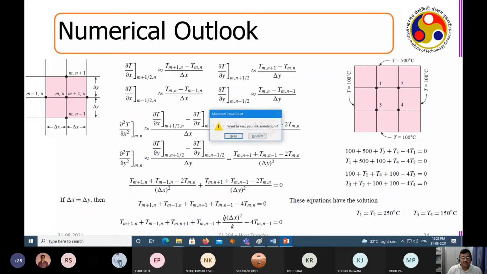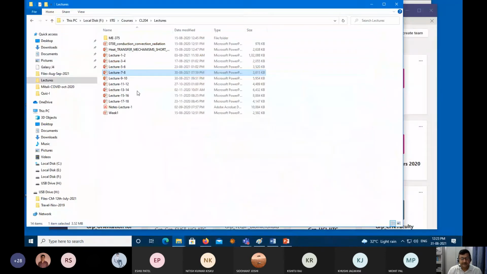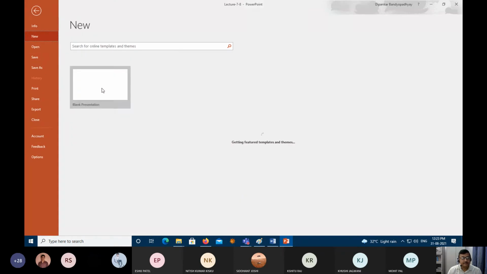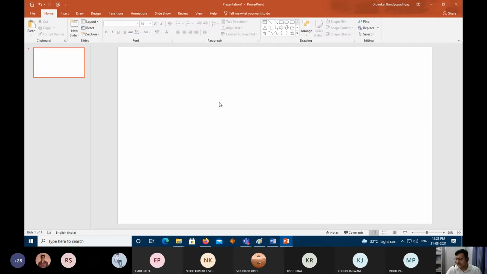Now, suppose you want to solve this elliptical equation numerically. Can anybody tell me how exactly you went about the derivatives?